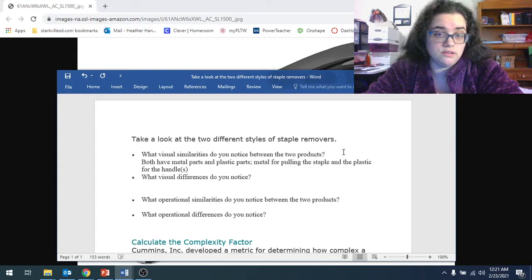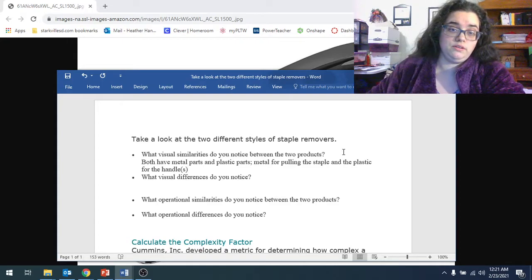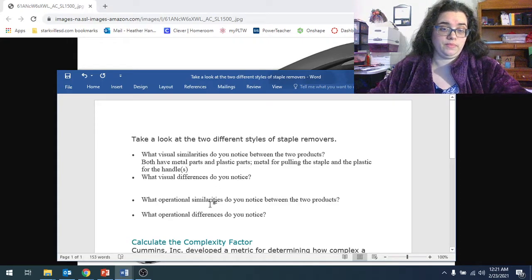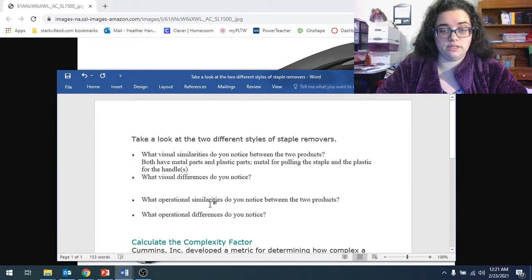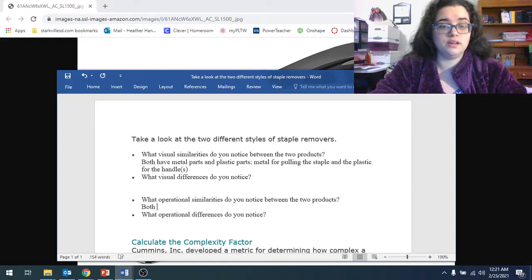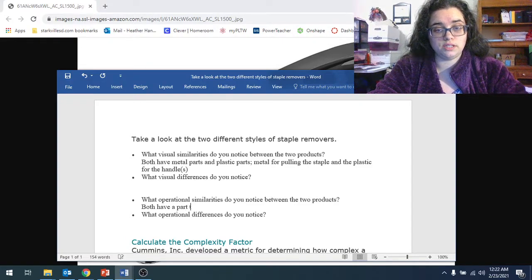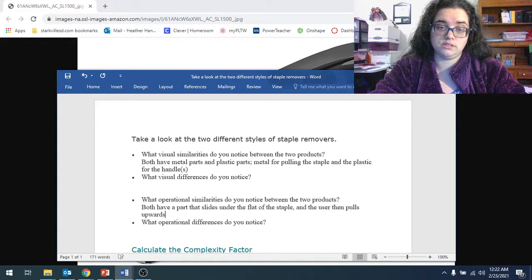Their functions are pretty similar. Let's do the similarities here. Both have a part that slides under the flat of the staple, and the user then pulls upwards.